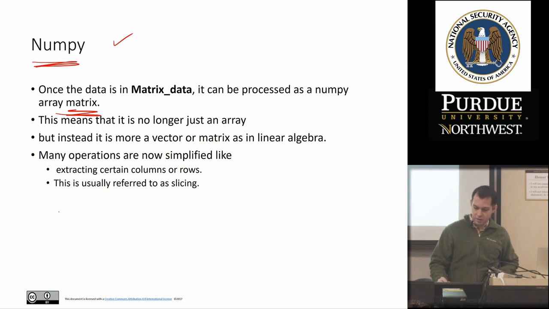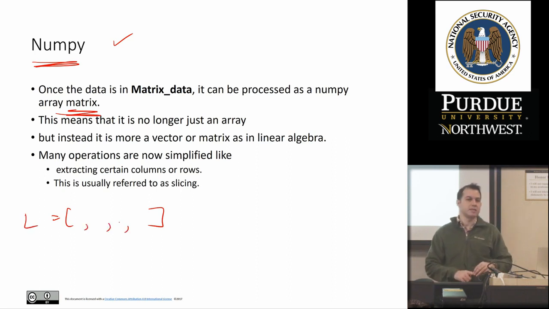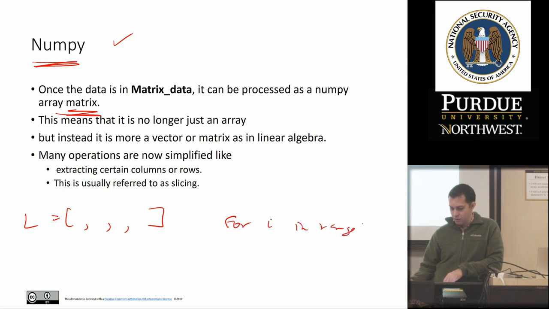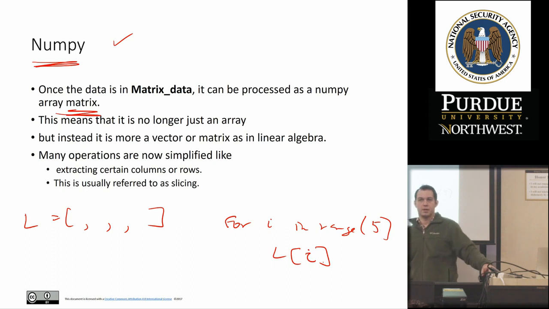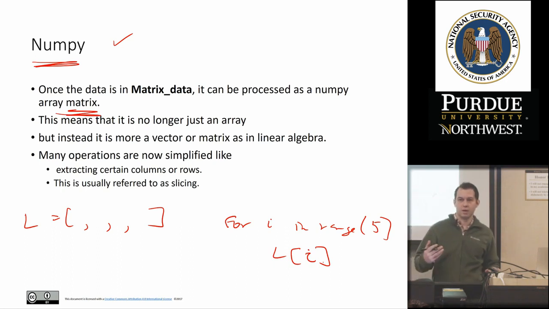You create a list of values, L, comma separated, and it's basically a data structure, like an array. But you still have to process it like an array, so you'll do for i in range 5 or something, and then L[i], and you start processing things that way, and that's the way you write your code.